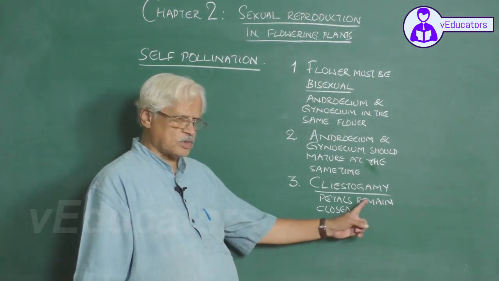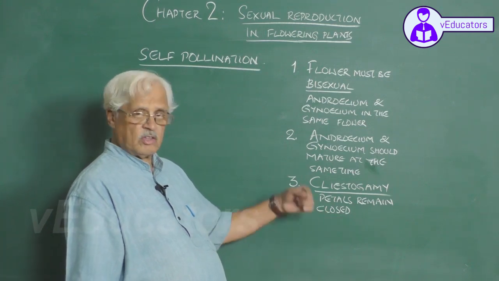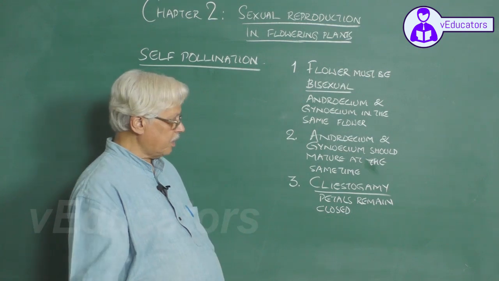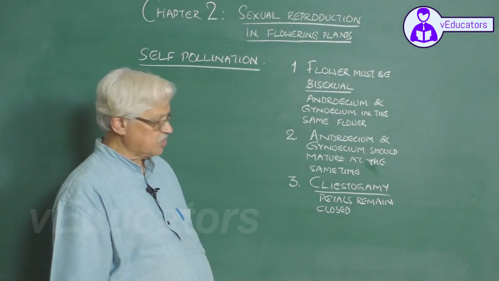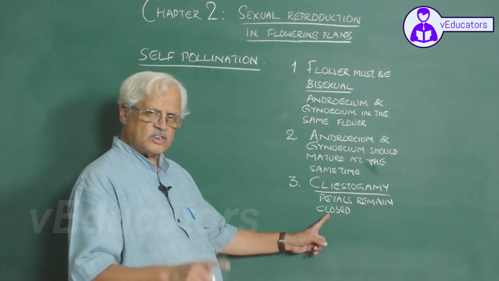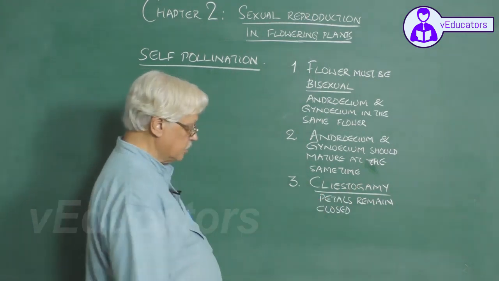Petals remain closed, therefore there is no possibility of either the anther or the carpel coming in contact with other flowers. So the pollen grains have to fall on the stigma of the same flower. This condition is called cleiostogamy.